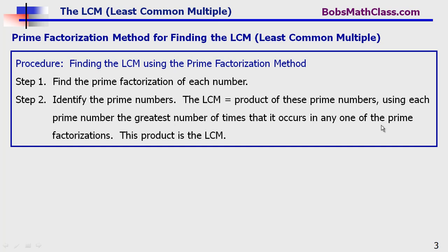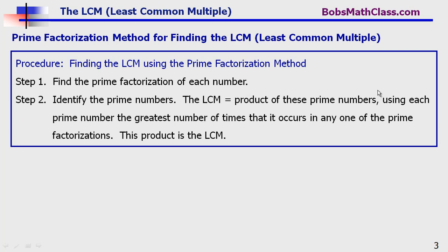Why don't you pause the video and make sure you write down this step, this procedure. This is the tricky part. It's a product of prime numbers, and each prime number is written the greatest number of times that it occurs in any one of the factorizations. And then we multiply.